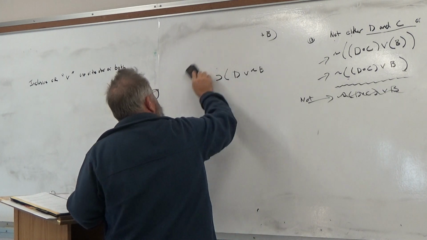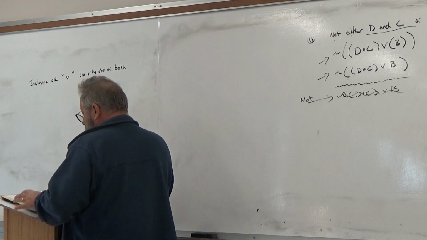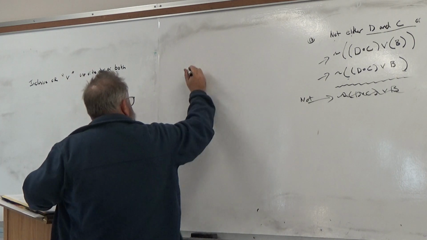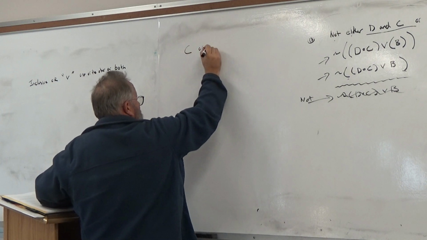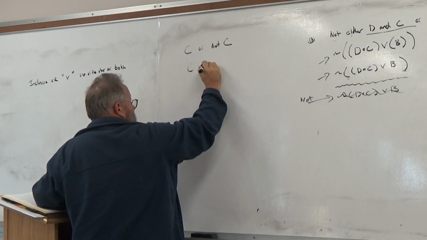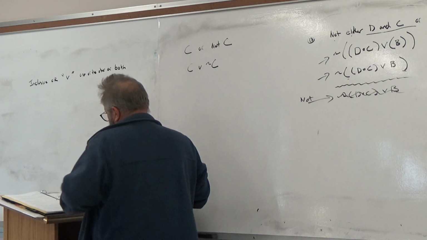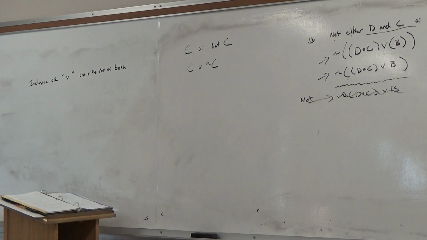So I'm on 17 now, is that correct? 17. Catherine has a catabula, or Catherine doesn't. So Catherine or not Catherine. So that's C or not C. Now think about it. Or means what? One or the other, or what?